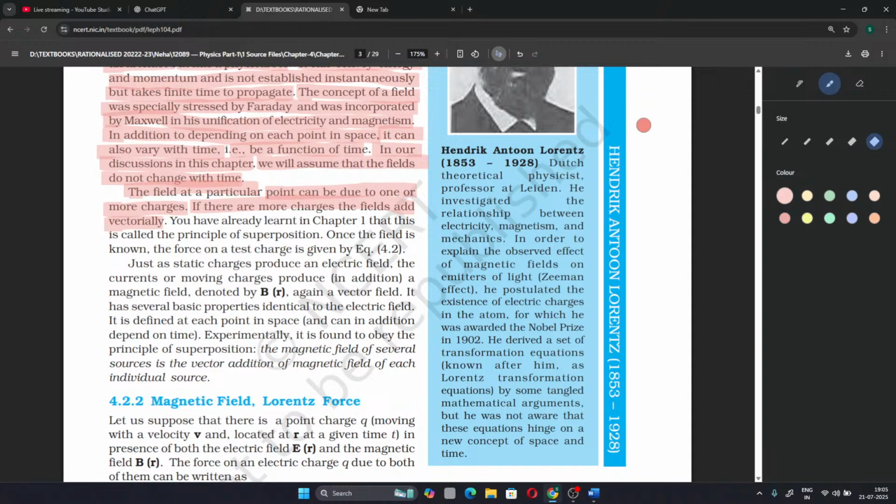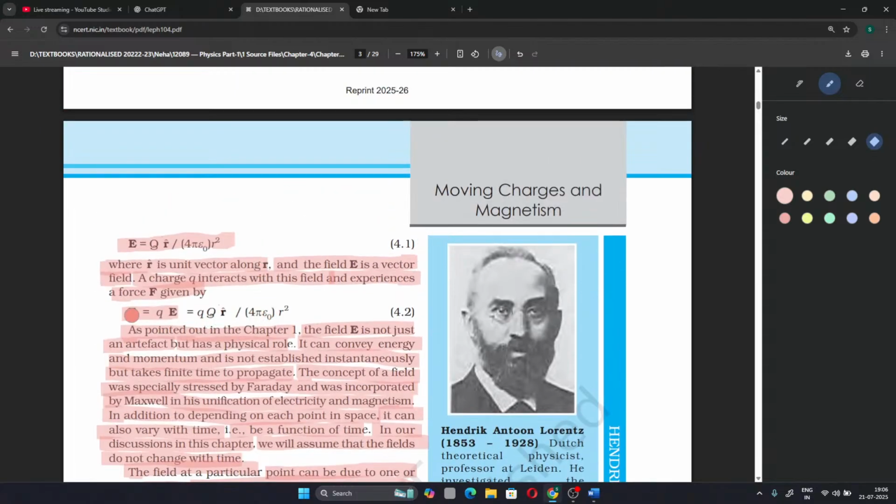If there are more charges, then by superposition we add up all the electric fields individually, that is vectorially, as they are vectors. You have already learned in chapter 1 that this is called the principle of superposition. Once the field is known, the force on a test charge is given by equation 4.2, that is this equation. Force equals QE, or capital Q times Q by 4 pi epsilon naught r square with the r cap.